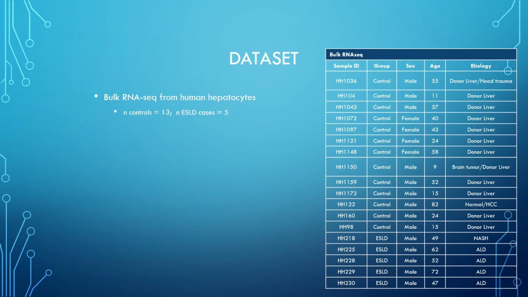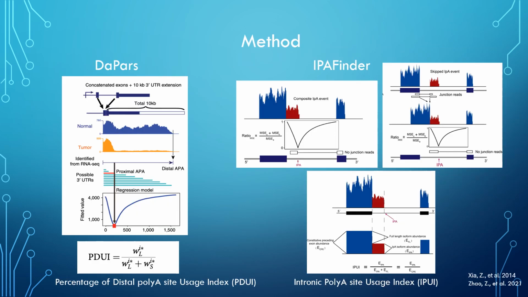To systematically characterize APA and IPA alterations in hepatocytes from end-stage liver disease patients, we used bulk RNA-seq data from human hepatocyte samples from individuals with and without ESLD.